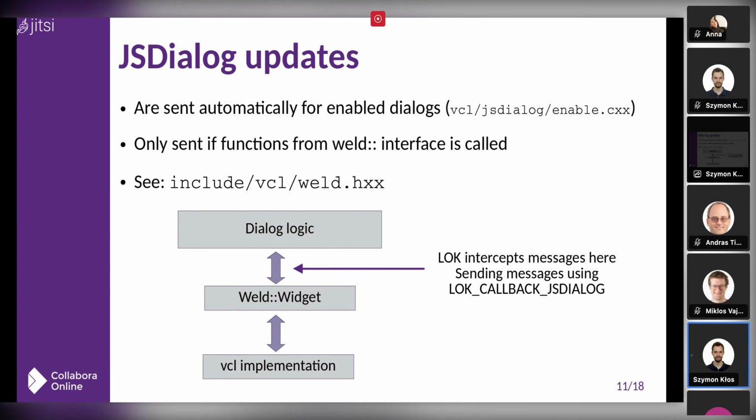But of course, in some more complex cases, it requires some more coding. And what it does, it intercepts the methods between the dialog logic and the weld interface of the widget. So if the function is called, we send the update to online.